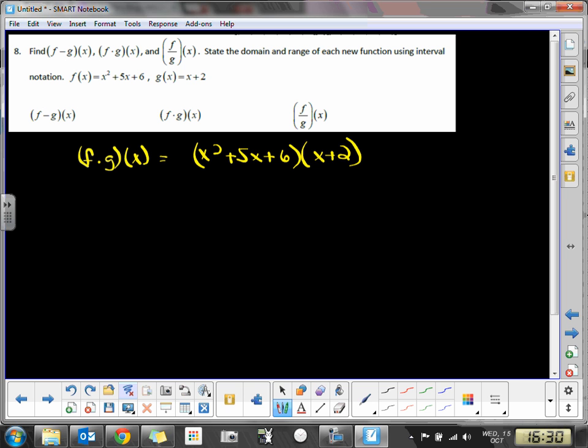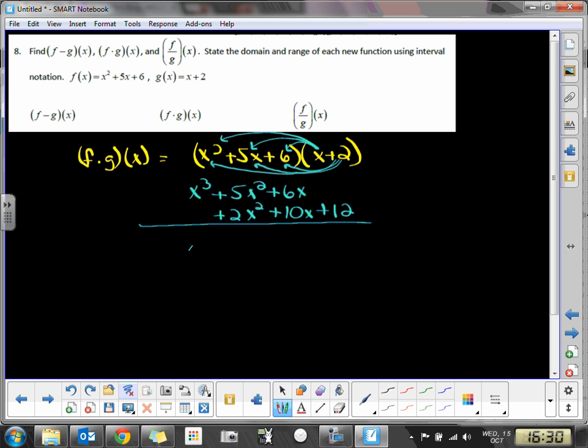I'm going to show distributing from right to left. So I'm going to take x times x squared and get x cubed, and x times 5x, which is 5x squared, and x times 6, which is 6x. And I'm going to distribute through with a 2. So plus 2x squared. I'm going to put my like terms underneath each other. And 2 times 5x is 10x, and then plus 12.